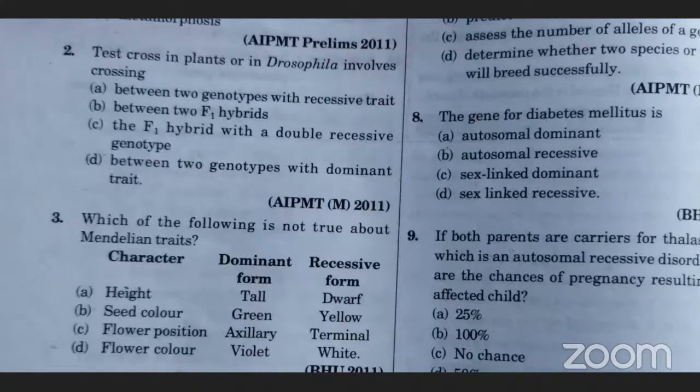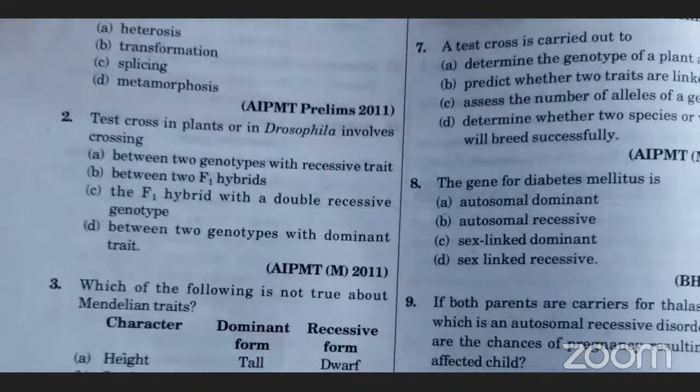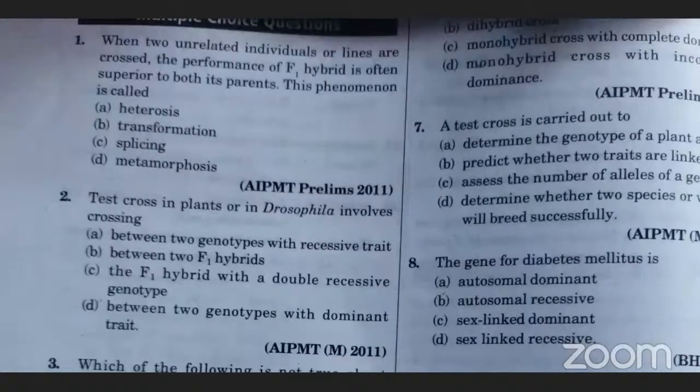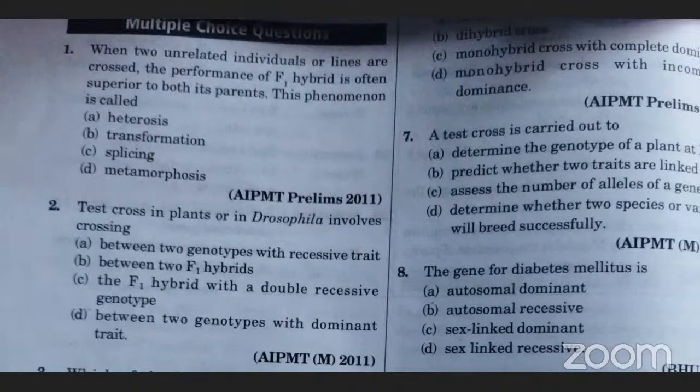Clear. So many important questions will be there. Previous questions. The first one: when two unrelated individuals or lines are crossed, the performance of the F1 hybrid is often superior to both its parents.